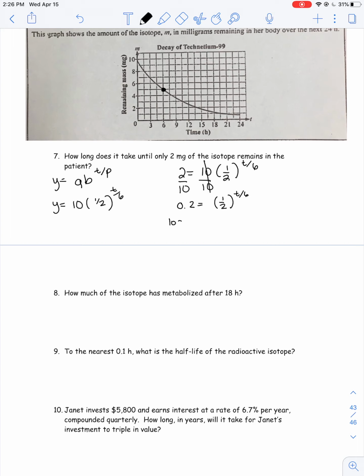And now we can put log on both sides. And then we can put that T over 6 in front. And we're going to divide both sides by log of 1/2.